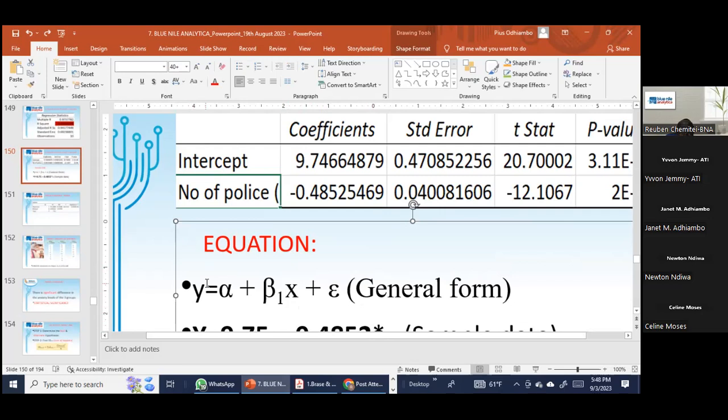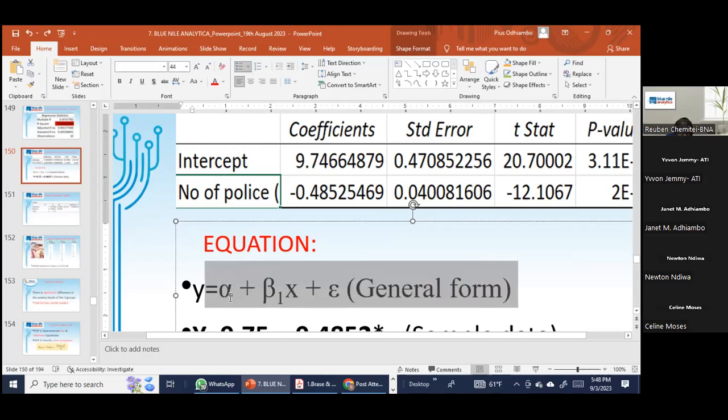That's why we talk about multiple regression. One dependent variable, and then many independent variables. In that case, the equation will be different. You will have beta 1 x1, beta 2 x2, and so on, because of so many variables. So I think we explained this.